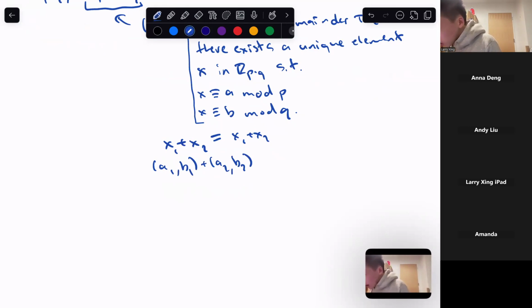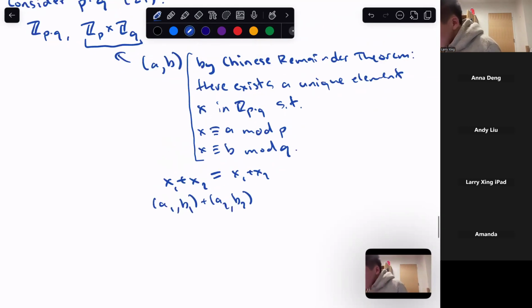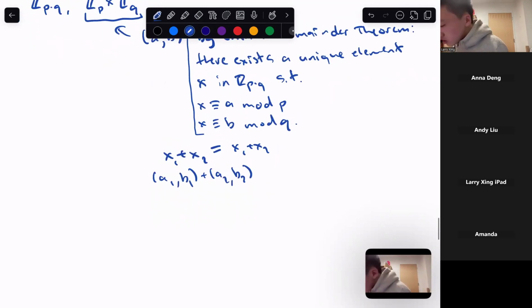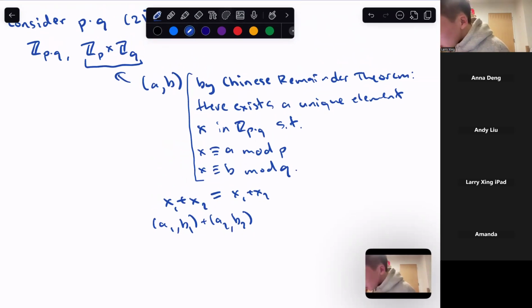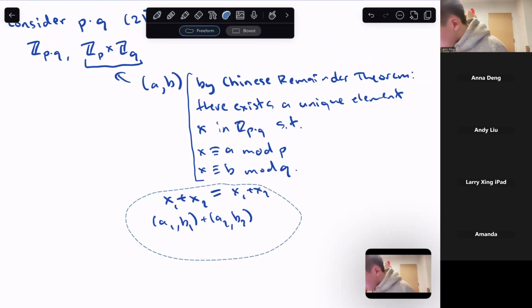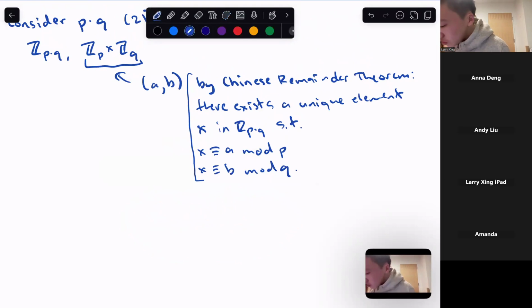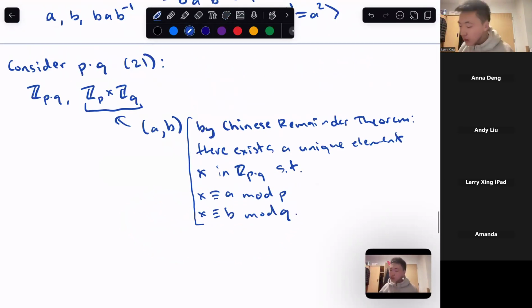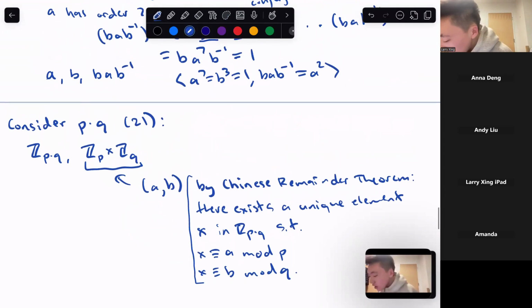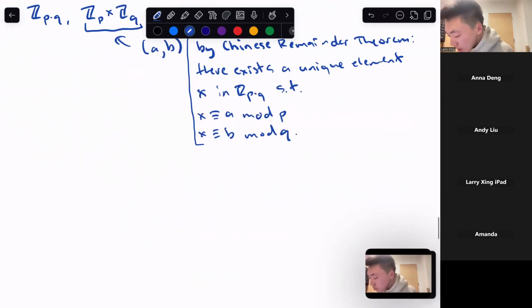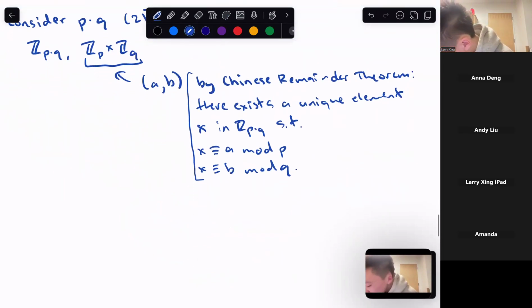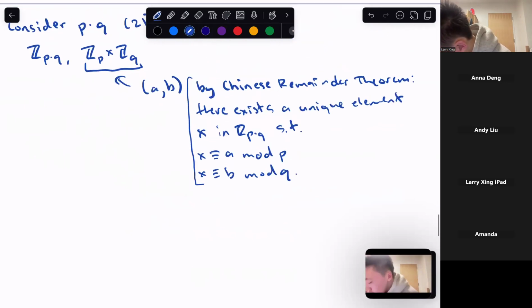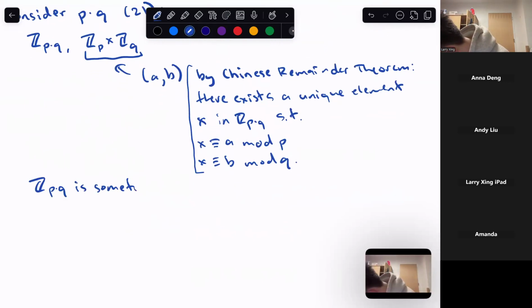When we add b1 and b2, it adds on the second term as well. And so these two are actually isomorphic. So we don't actually just have two trivial groups. And in fact, for certain combinations of P and Q, Z_PQ is actually the only possible group.